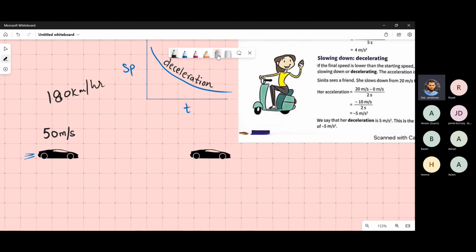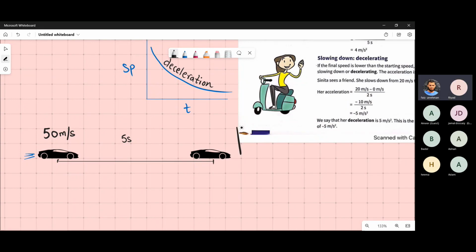Since this is a supercar, within the next 5 seconds, it came to rest. Why? Because there is a traffic signal here. So it stopped instantly within the next 5 seconds.